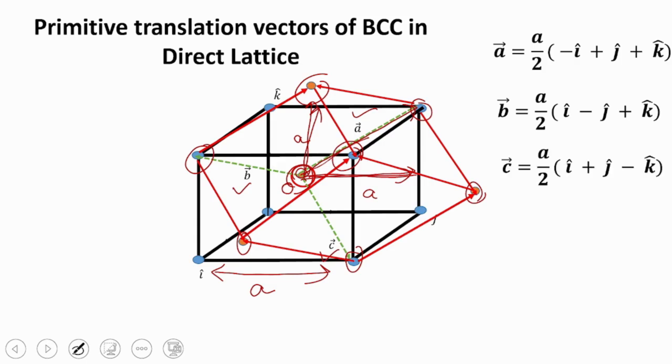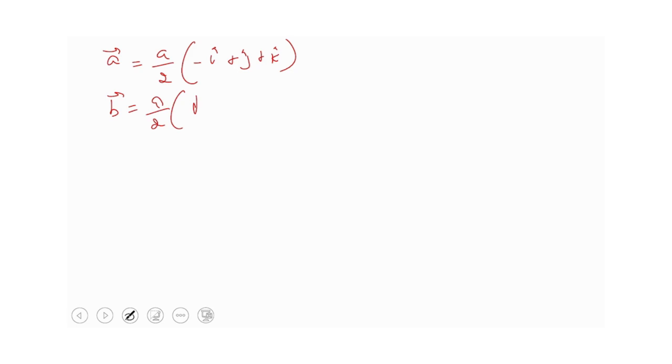Now we will be constructing the reciprocal lattice vectors from these A, B and C vectors. The expressions that we have got are: A vector is a by 2 (minus i cap plus j cap plus k cap), B vector is a by 2 (i cap minus j cap plus k cap), and C vector is a by 2 (i cap plus j cap minus k cap).